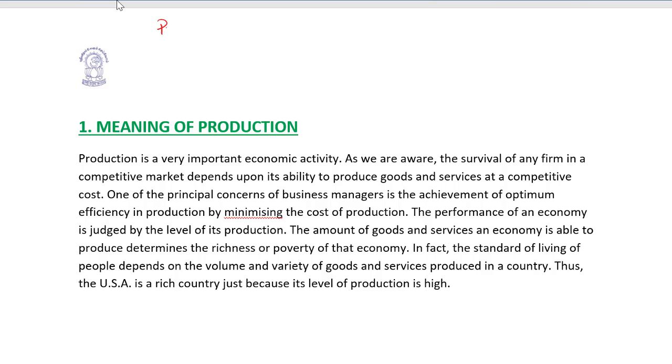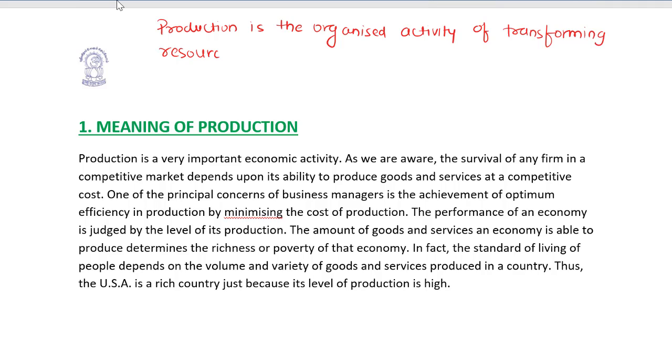Production is an organized activity of transforming resources into finished goods and services.